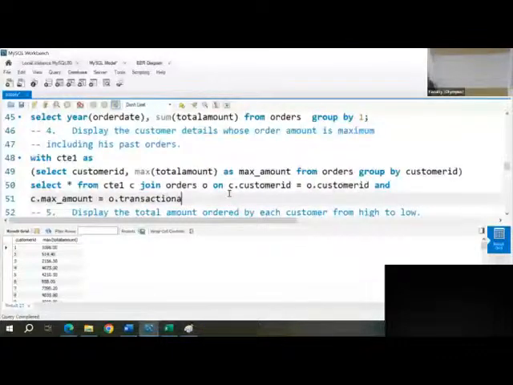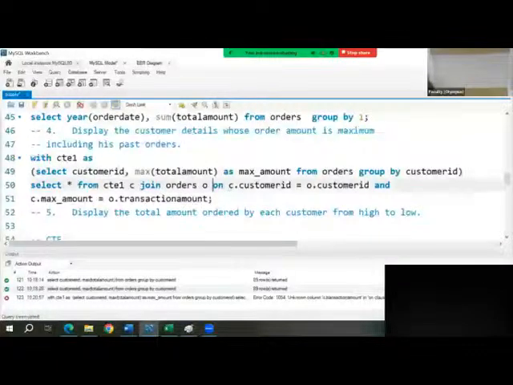Can we write something like this? Okay, it's not called transaction amount, it's total amount, sorry.